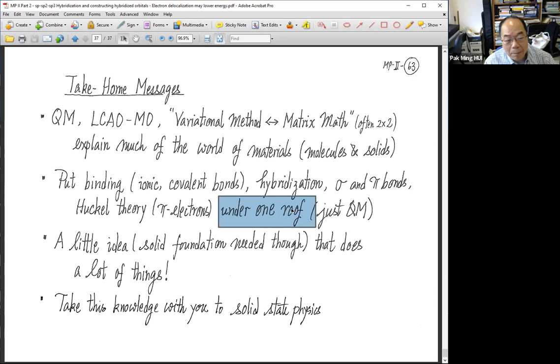So we have talked about LCAO forming bonds. The wave function tilted to one side has some ionic character. Not so, we have covalent bonding. And then we have discussed hybridization and introduced many fascinating applications. And then we know the bond order, and then we know single bond, double bond, or even half a bond. And we know what are sigma and pi bonds by the symmetry, the distribution of the electrons.